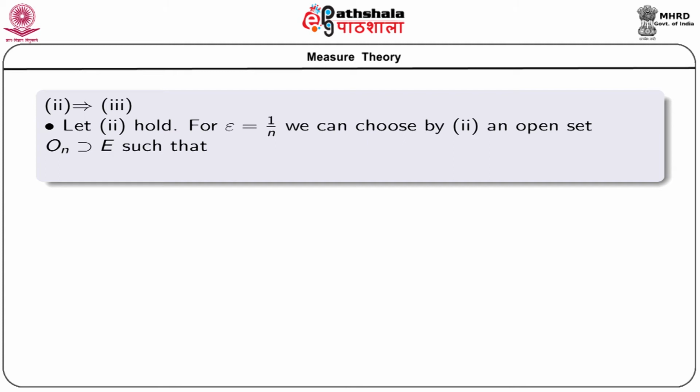Now, choose epsilon as 1 by n. Then by 2 we can find an open set O_n containing E which has the property mu star of O_n minus E is less than 1 by n.